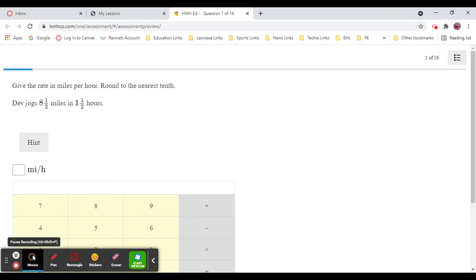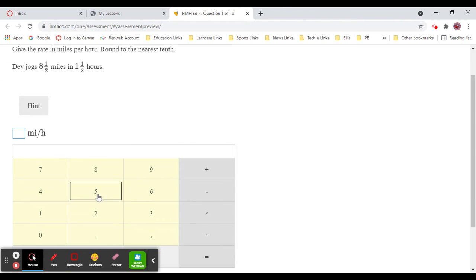If you do 8 ABC 1 ABC 2 divided by 1 ABC 1 ABC 2, you're going to get an answer of 5 2/3. Then you may need to convert that to a decimal, and you're going to get 5.7. That's going to be my answer here.